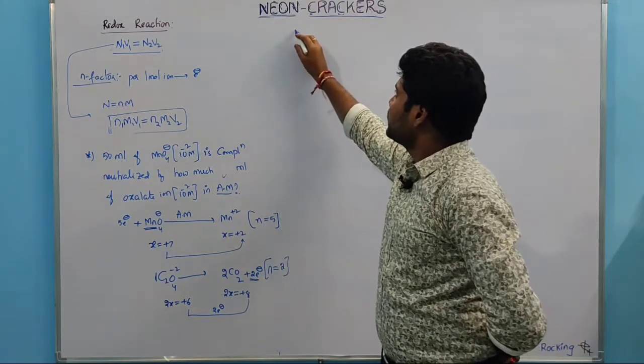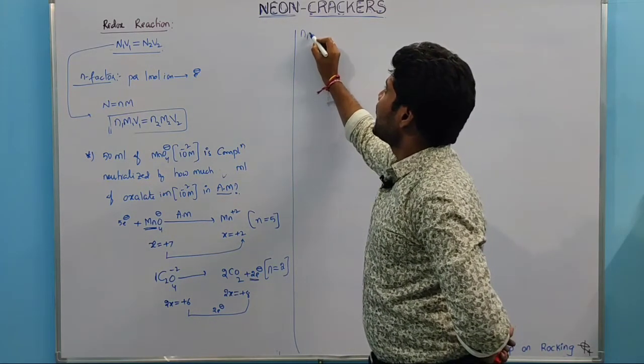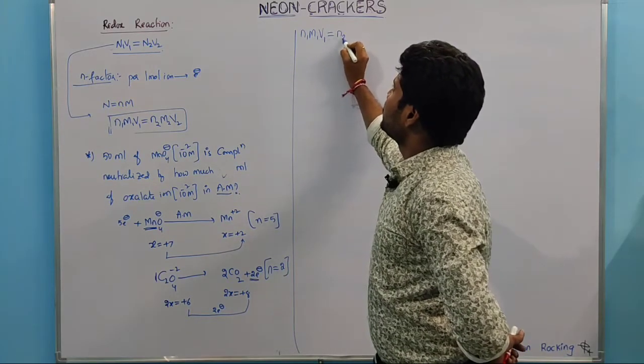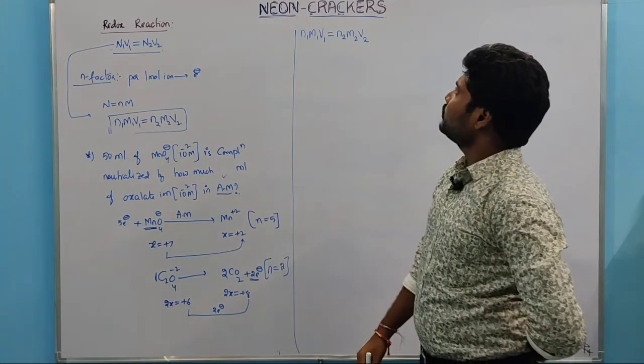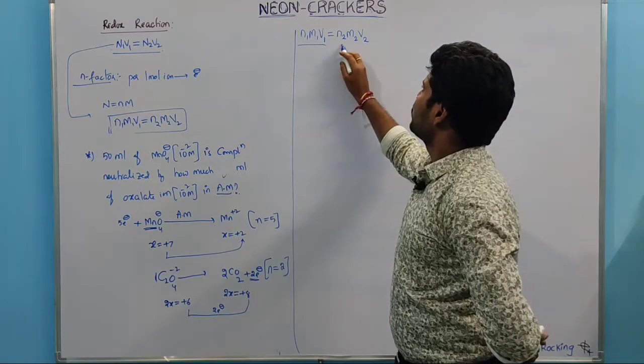After finding this N value, simply you can apply the neutralization reaction N1M1V1 equals N2M2V2. Suppose this is about permanganate, this is about oxalate.